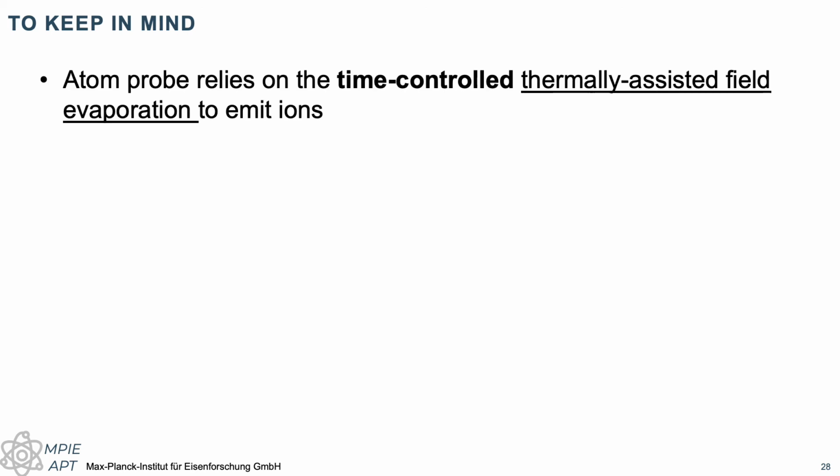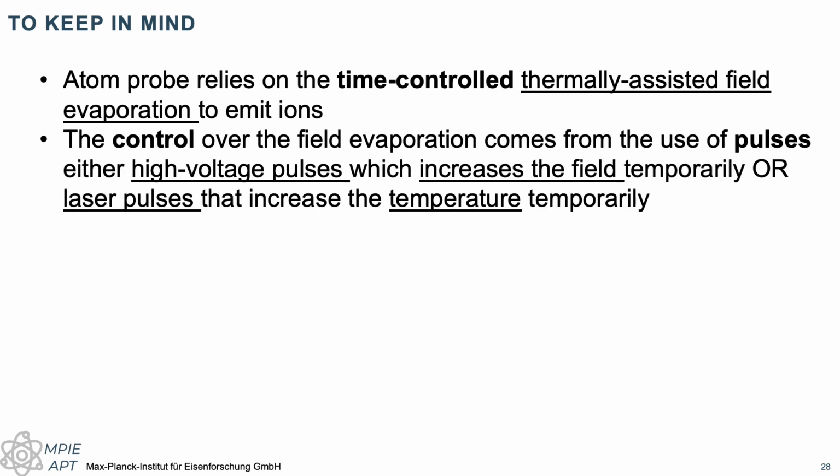Atom probe relies on time-controlled, thermally assisted field evaporation to emit the ions from the specimen. The control can come from either using high voltage pulses to increase the field temporarily, or laser pulses that increase the temperature.